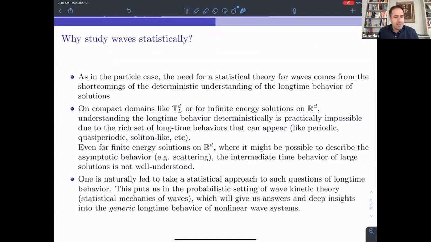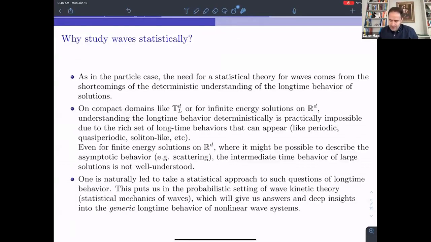However, while we understand this asymptotic behavior, what is fascinating is that we have a very poor understanding of the intermediate time behavior. We do not understand what the solution does before it approaches this asymptotic state. And this is again a regime where the kinetic theory gives us a very good insight into what happens.